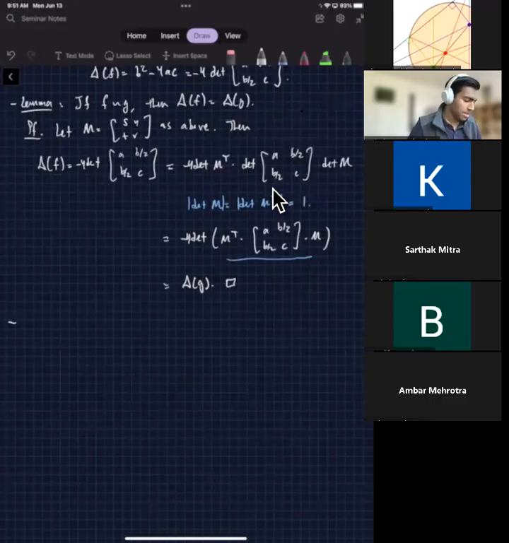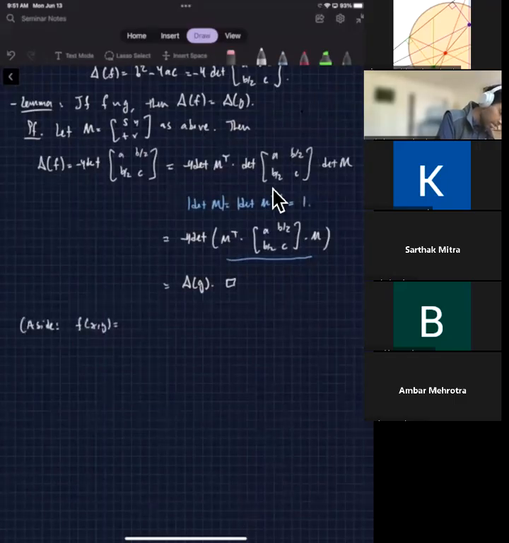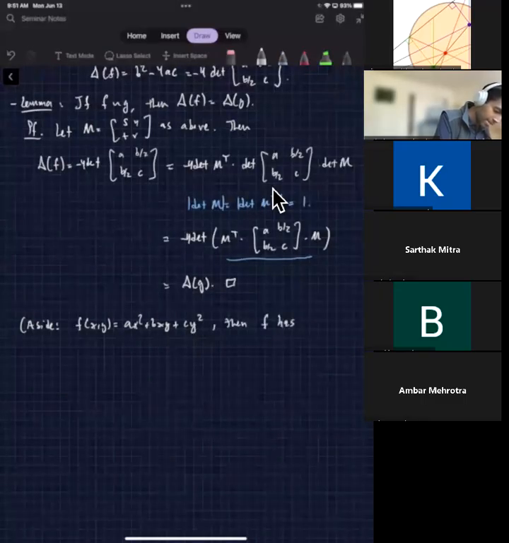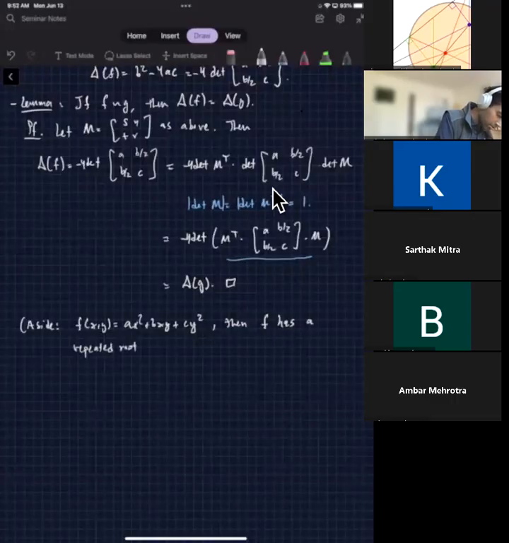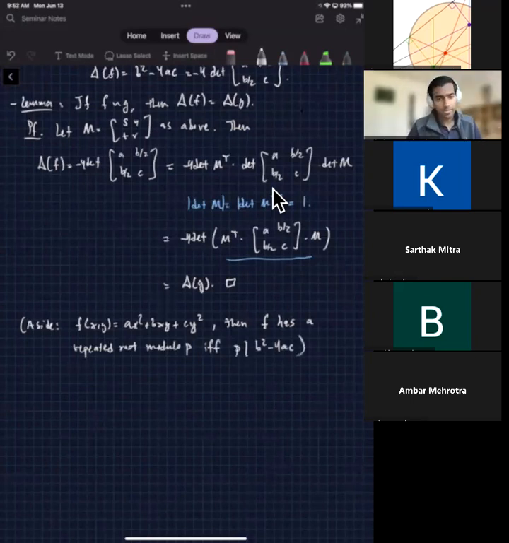For example, I'll just state this as an aside. If f of x, y is a BQF, then f has a repeated root modulo p if and only if p divides the discriminant, b squared minus 4ac.